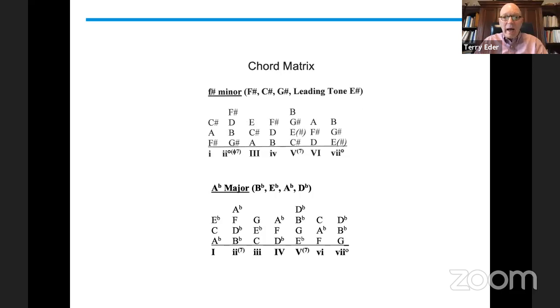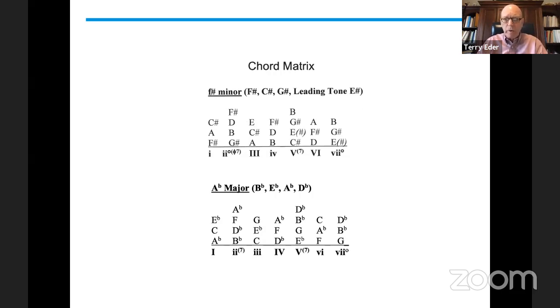I have these for every key, both major and minor keys. And of course, in minor, you can see that I also include the leading tone. The leading tone in the key of F sharp minor is E sharp. And that's an accidental that you will have to write in the music because it's not in the key signature.